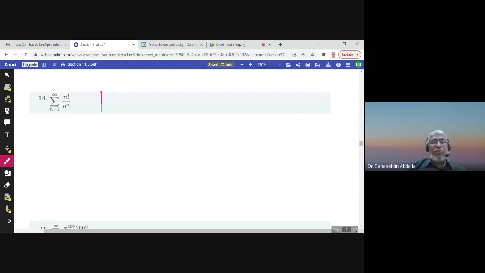Let us find the absolute value of a_{n+1}/a_n. (n+1) factorial over (n+1) to the power n+1. We just have seen this question a few examples above, but I think it was n to the power n over n factorial.